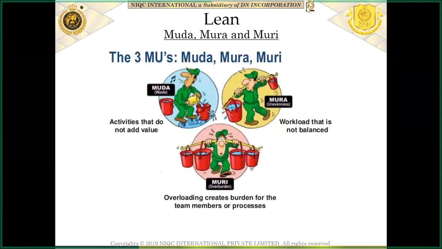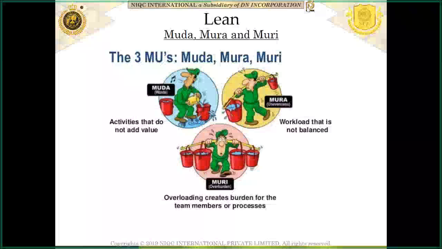All of you know Toyota now, because Fortuner, Etios, all these vehicles are from Toyota. The way Motorola followed Six Sigma, Toyota followed this lean approach, and the practices and tools they developed are now used as lean management.